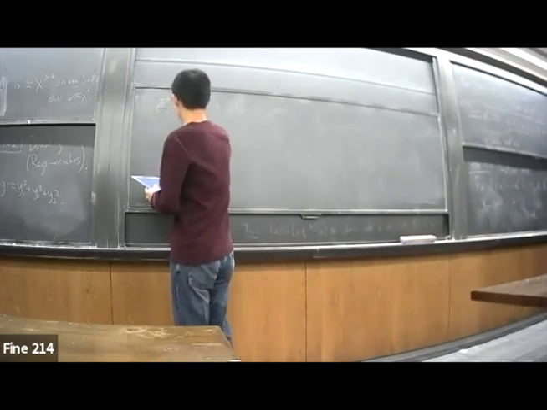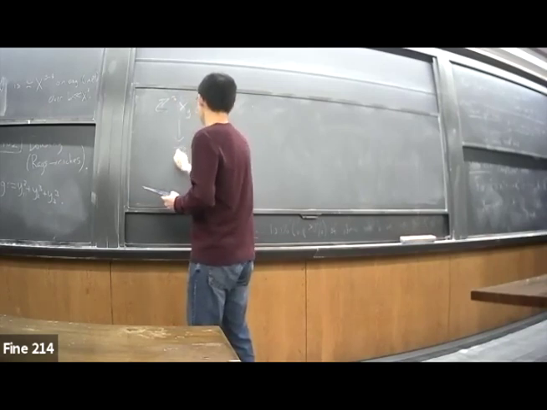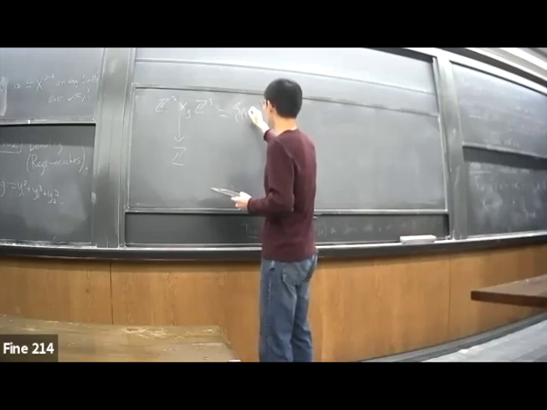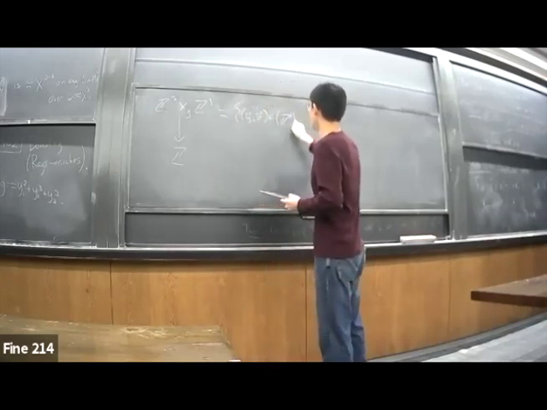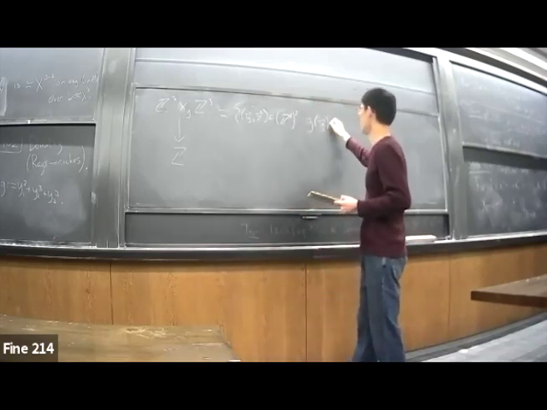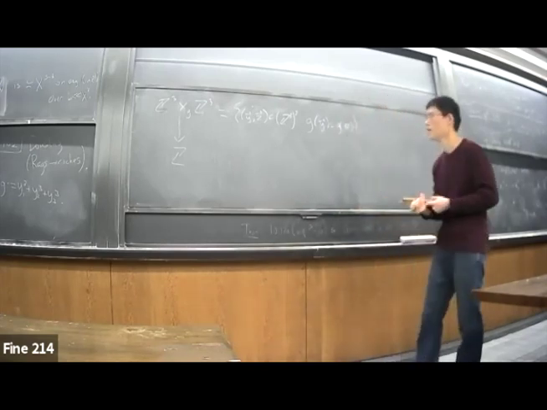The two-fold fiber product of g. By fiber product, I just mean pairs y and z such that their common value is the same. So at each fiber, we're sort of squaring it.